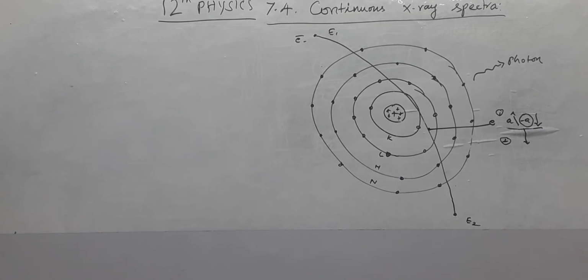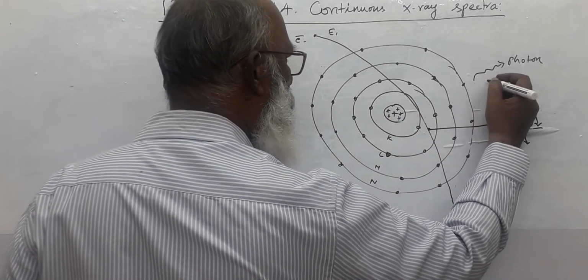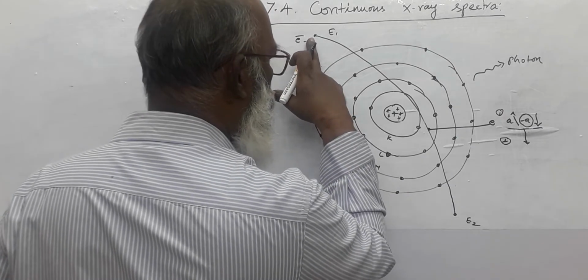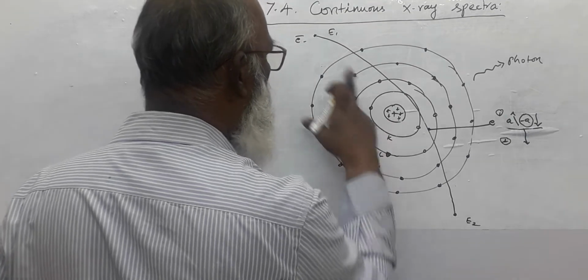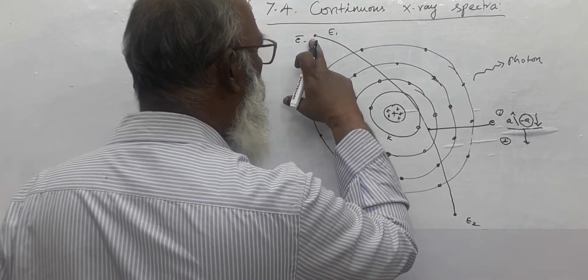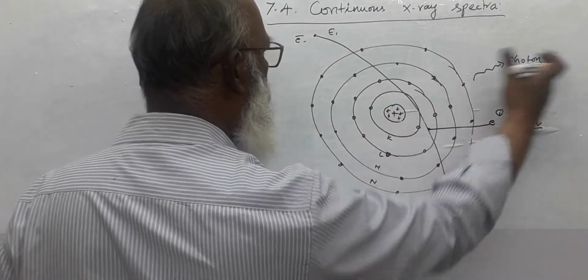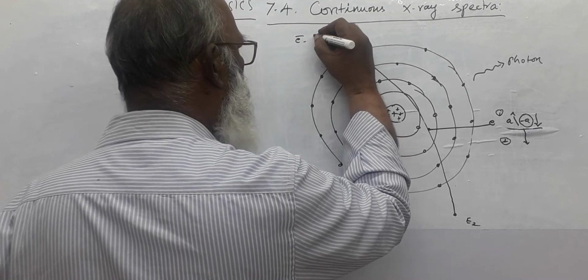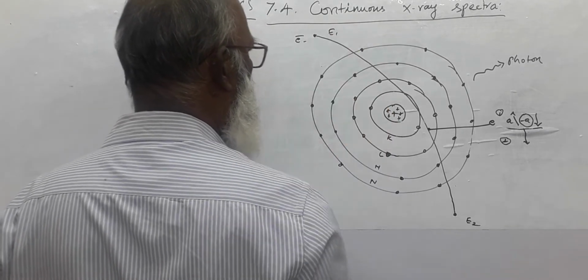The energy of the photon emitted. Here, during this process of the fast moving electron interacting with the nucleus, a partial energy may be radiated or the total energy may be radiated. Two things happen. The total energy of the initial electron is called E1.